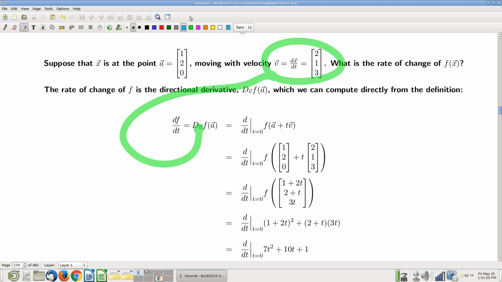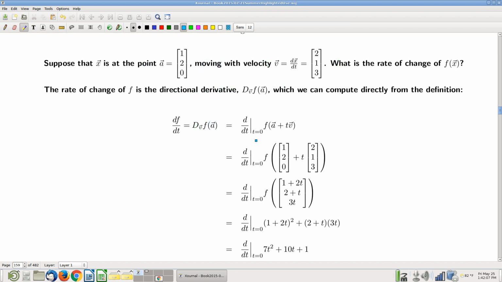Where I'm at to start off, 1, 2, 0. Everything's given. This is all just plug and chug. So here's my definition of directional derivative. Let's start plugging in. A was 1, 2, 0. V is 2, 1, 3. Just plugging in. I haven't really done anything yet. I'm just plugging in.